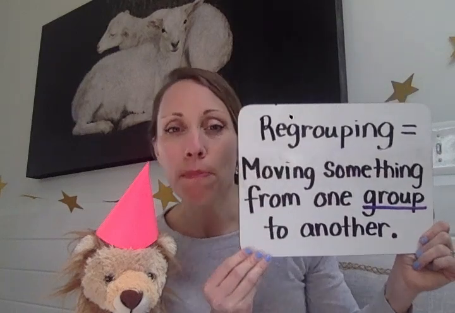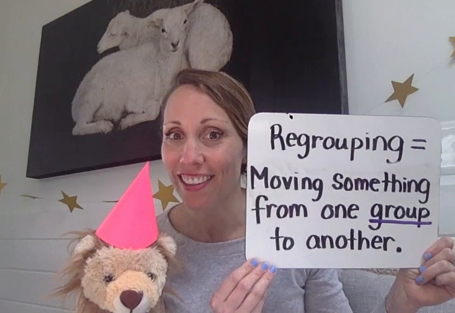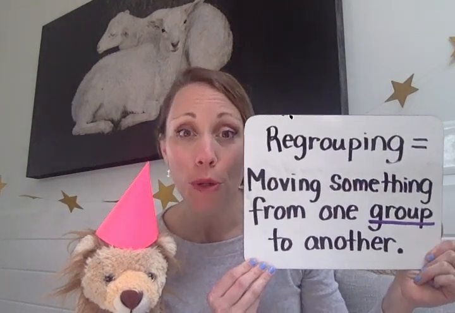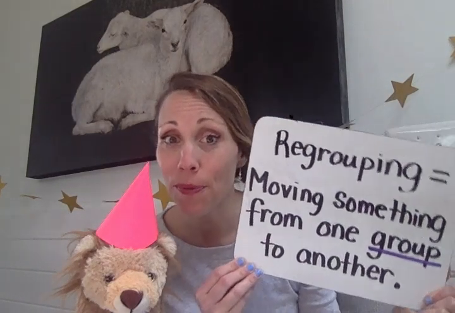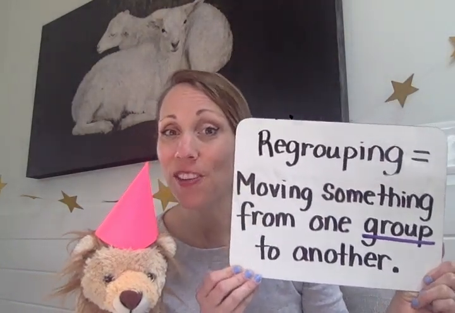Regrouping means moving something from one group to the other. And when we talk about regrouping with math, the groups that we're talking about are the tens group and the ones group. So moving something from the ones group to the tens group is what you're going to see today.